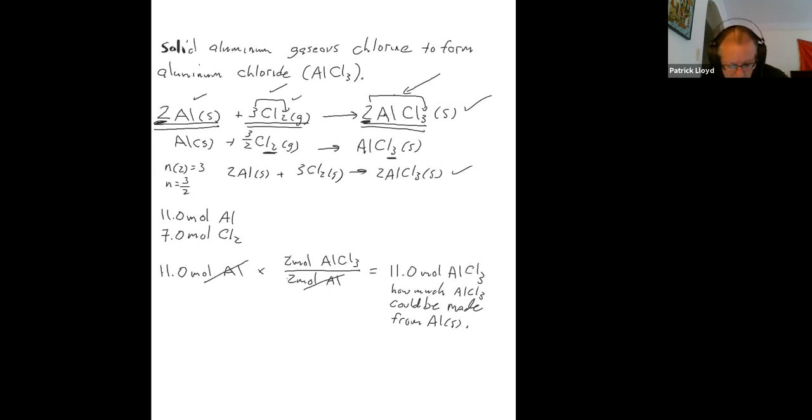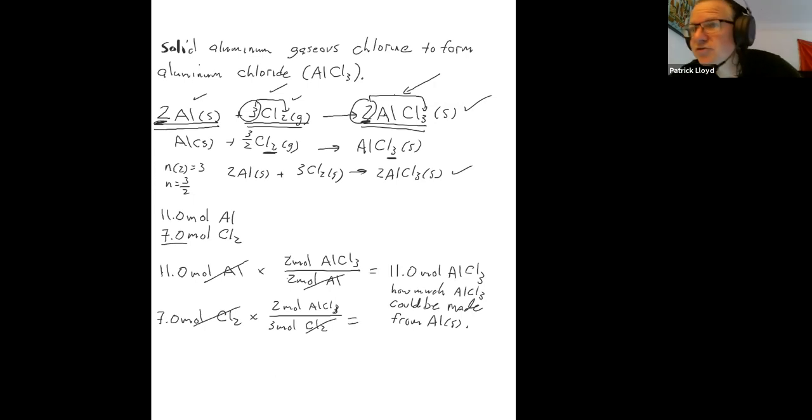So chlorine is 7 moles. And we're going to multiply that again, coefficients 2 and 3, times 2 moles of aluminum chloride over 3 moles of chlorine. Okay, so your moles of chlorine are gone. So you get 2/3 of 7, right? 2/3 of 7.